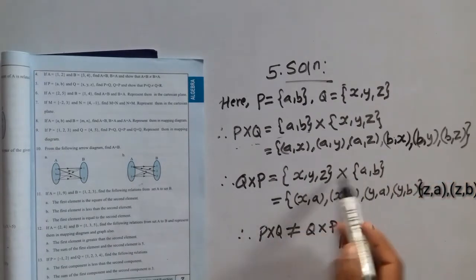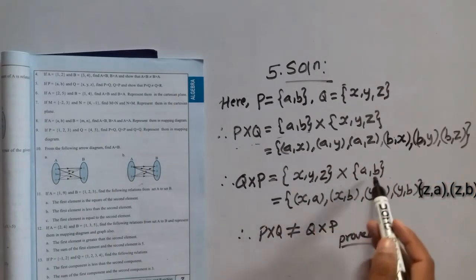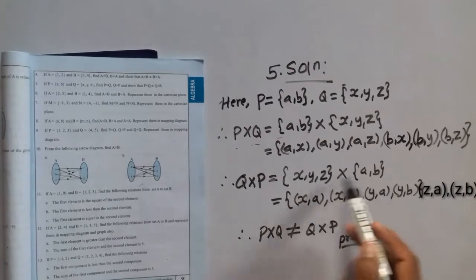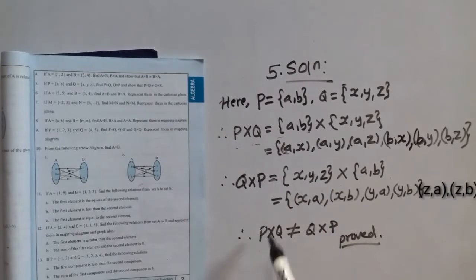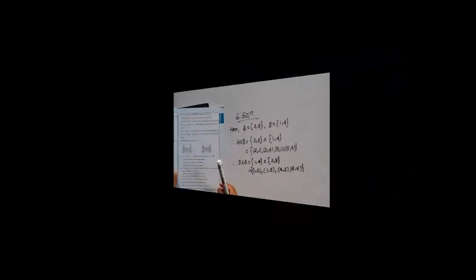And here XA, XB, YA, YB, ZA, ZB. From these two we can see these two sets are not equal, and hence it is proved.